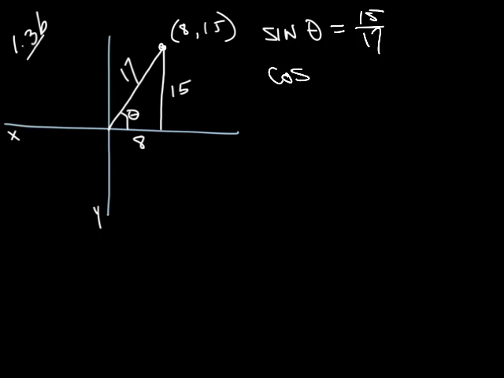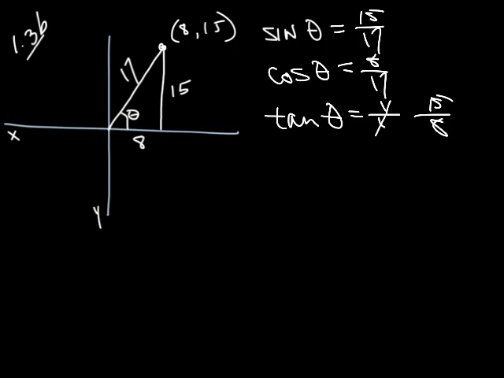Cosine of theta is x over r, or 8 over 17. Tangent of theta is going to be y over x, which in this case is 15 over 8. Got the hang of it? Go ahead and do cosecant, secant, and cotangent based on the formulas that you have there.